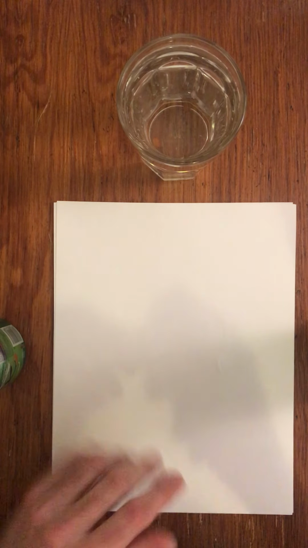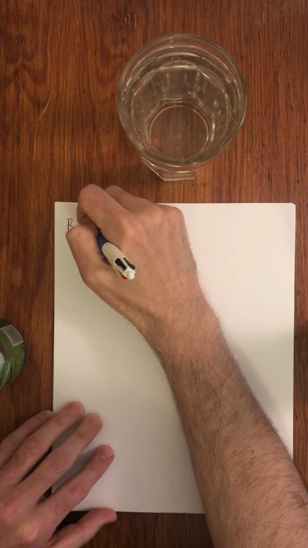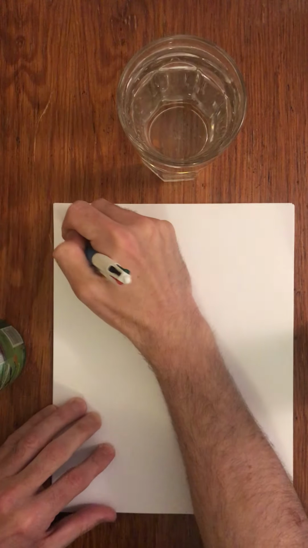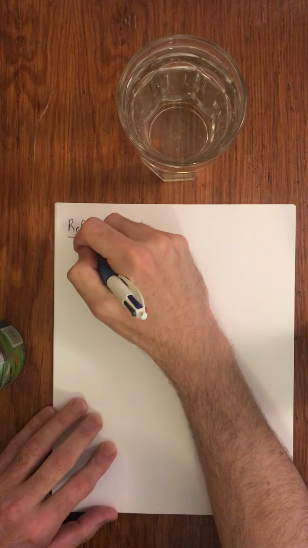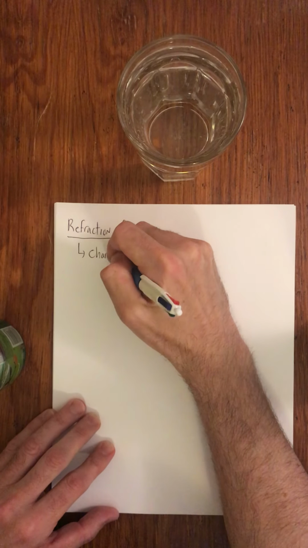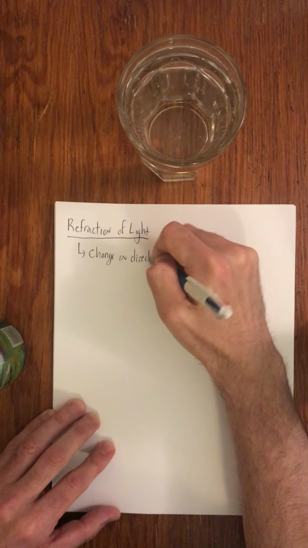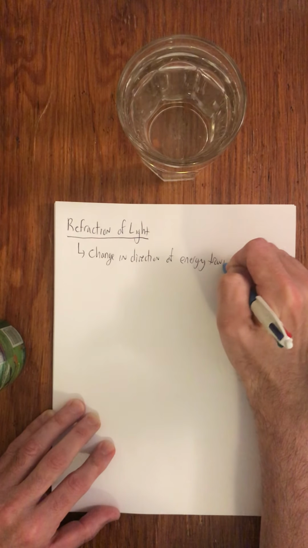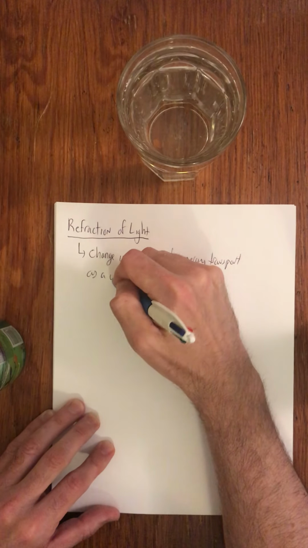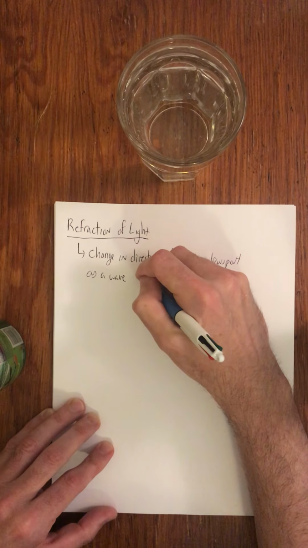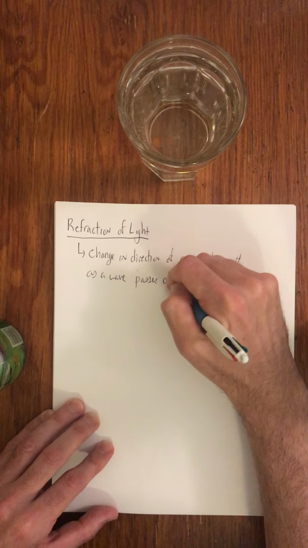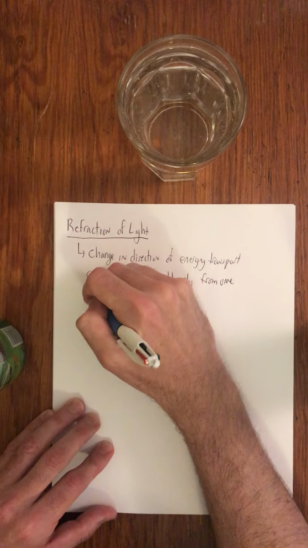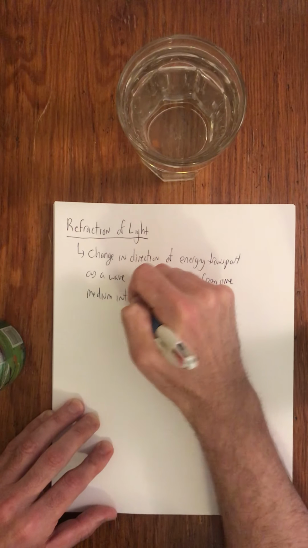So next is the refraction of light. So let's just remind ourselves what refraction is. This is the change in direction of energy transport as a wave, in this case the light wave, passes obliquely, meaning at an angle, from one medium into another.